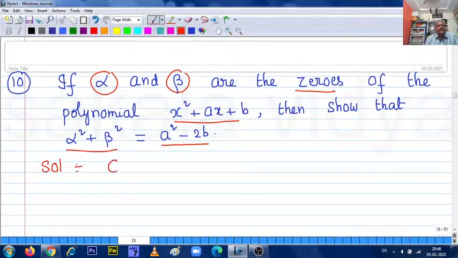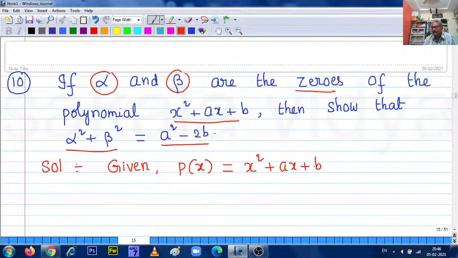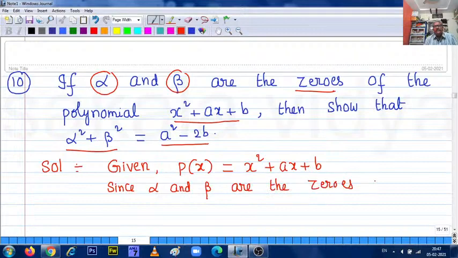Say this is given, p of x equals x square plus ax plus b. Since alpha and beta are the zeros of p of x, first the sum of the zeros we can find out.